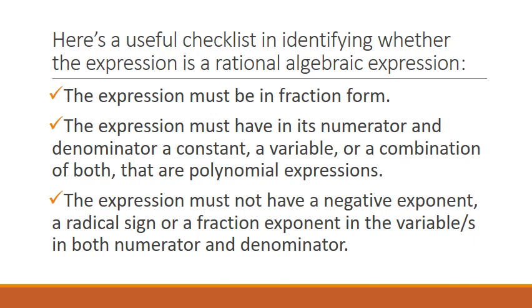And number three, the expression must not have a negative exponent, a radical sign, or a fraction exponent in the variables in both numerator and denominator. So we should remember always to check whether a rational algebraic expression has all of these three characteristics.